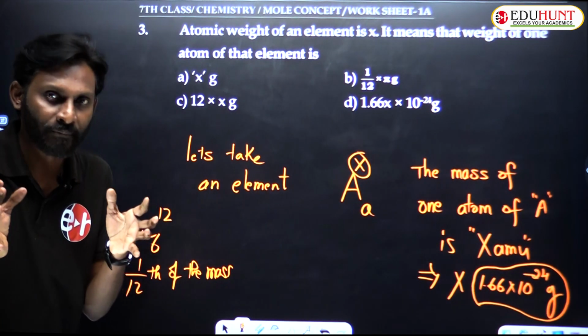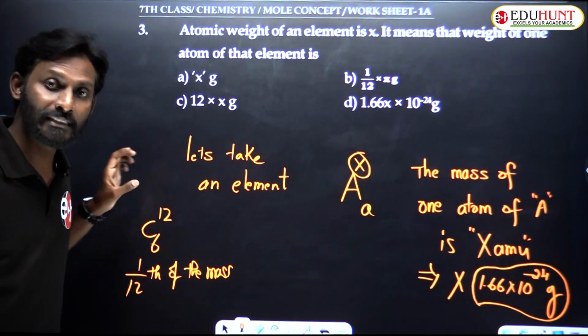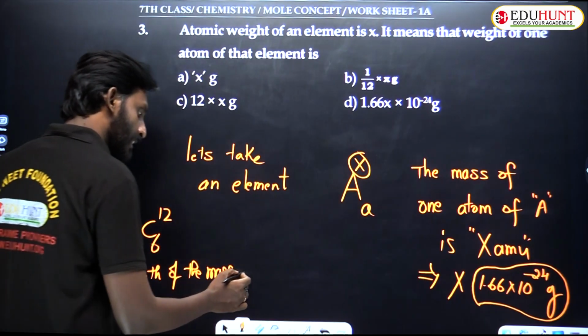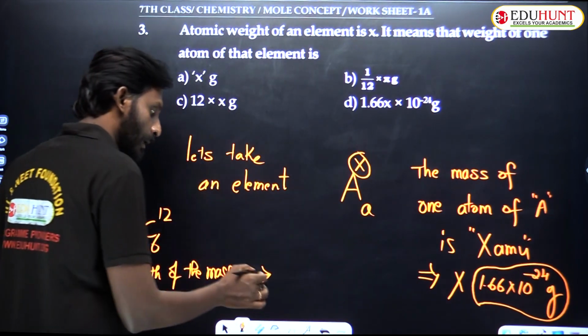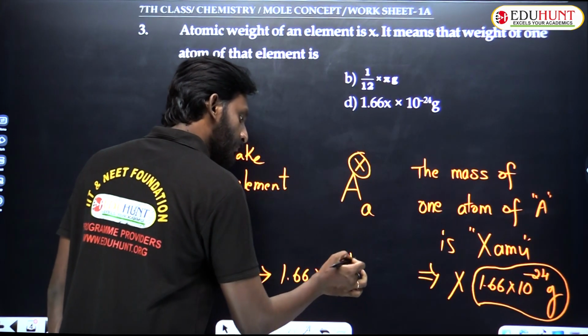How much is it practically obtained? 1.66 into 10 to the power of minus 24 grams.